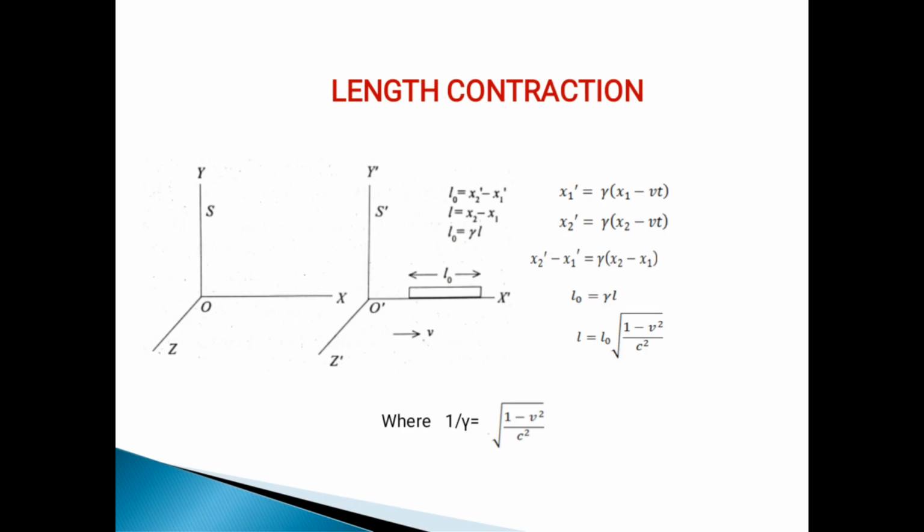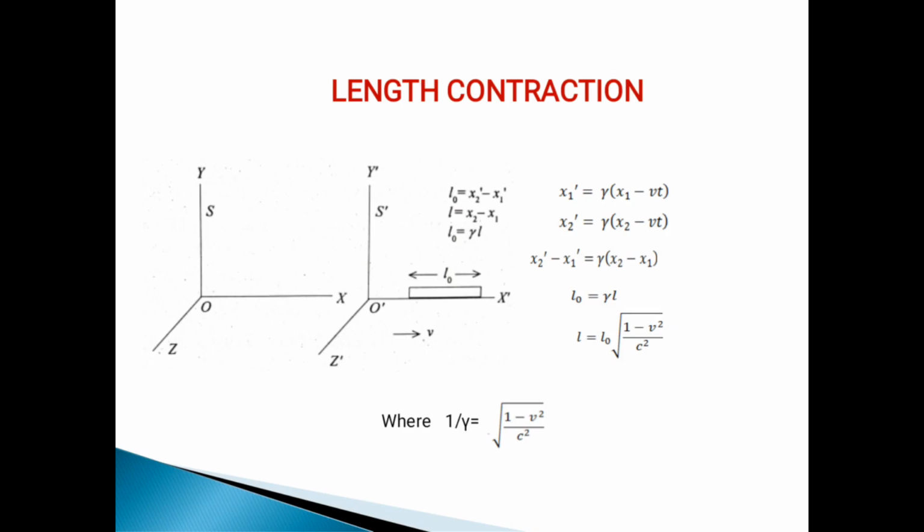Similarly, a square and a circle in one frame appear to an observer in the other to be a rectangle and an ellipse respectively. The shortening or contraction in the length of an object along its direction of motion is known as Lorentz contraction. There is no contraction in a direction perpendicular to the direction of motion.